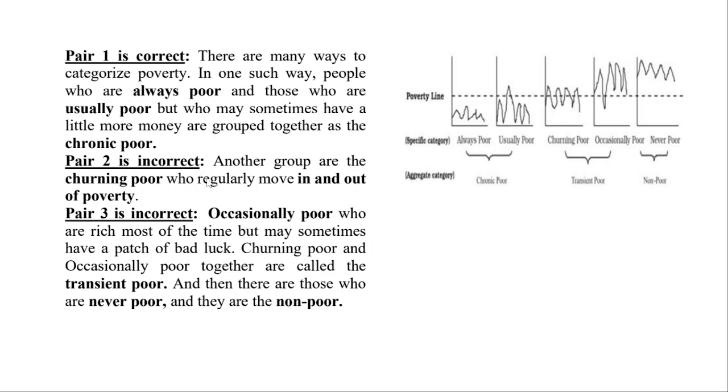Another group are the churning poor, who regularly move in and out of poverty. For example, some people are involved in a seasonal activity. Suppose there is a festival season and the products they make are easily sold. In that period they make more money and temporarily move out of poverty. But that season goes away, and under normal circumstances they can't make so much money, so again they are back in poverty.